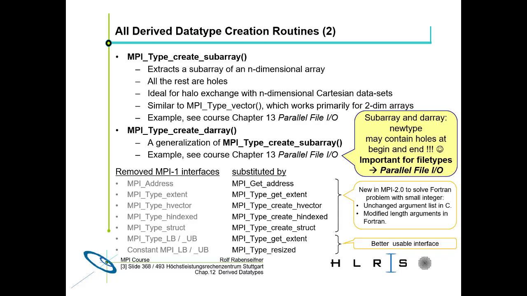There is also MPI create darray, which is again a generalization of the subarray, and we will see an example later on. Basically there have been a few things in the MPI1 interface which have been substituted by other things in MPI2 and MPI3, and you're strongly advised not to use the old ones, obviously.